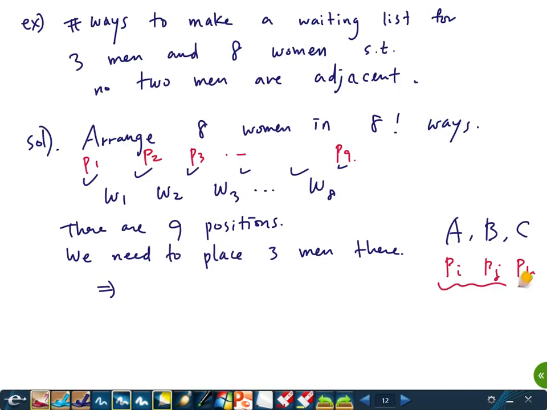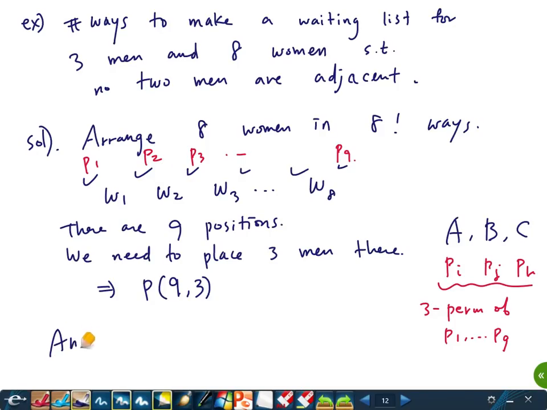This is exactly a 3-permutation of these positions, right? So once you give a 3-permutation, that determines a way to place 3 men. So this is exactly P(9, 3). Among 9 placement positions, we select 3 and arrange them like this.